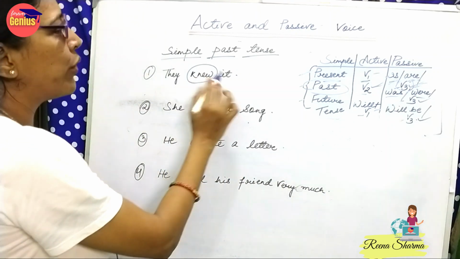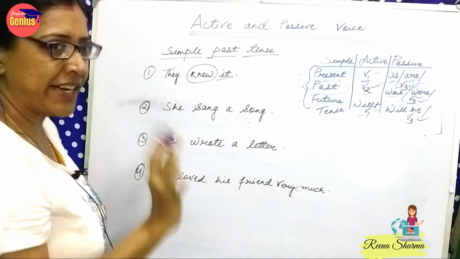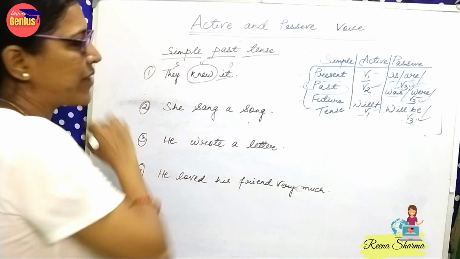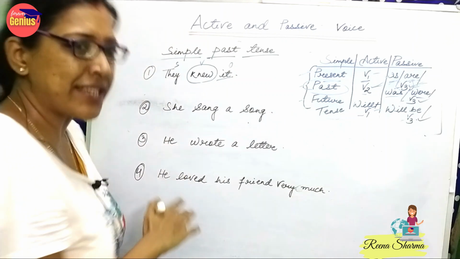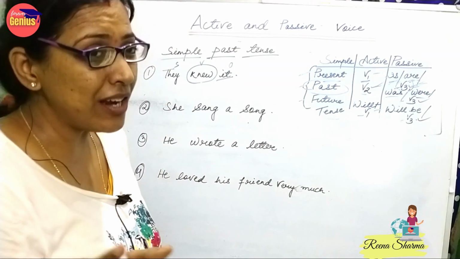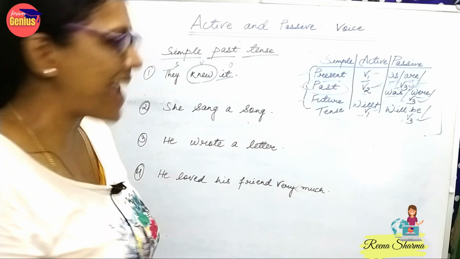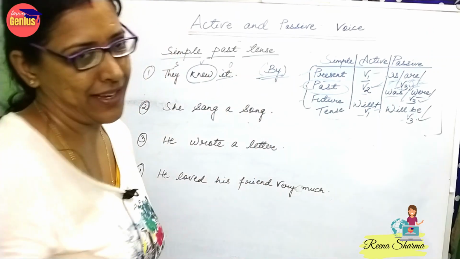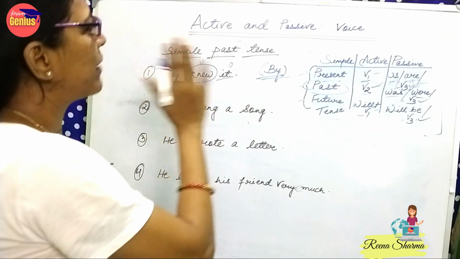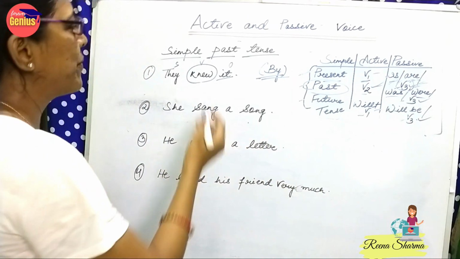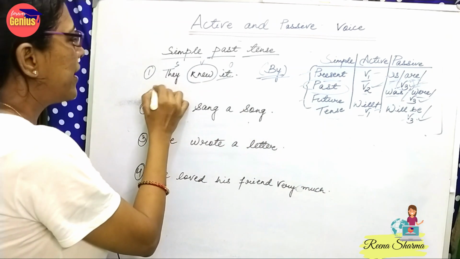So, they knew it. This is the object, this is the verb, and this is the subject. We just need to interchange the sentence by adding what? Recall what I said? Yes, you all got it correct. We have to add by. We will be adding by in the sentence and it will be converted. See how? So, they knew it.